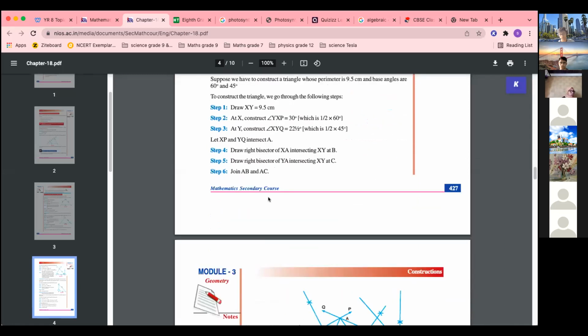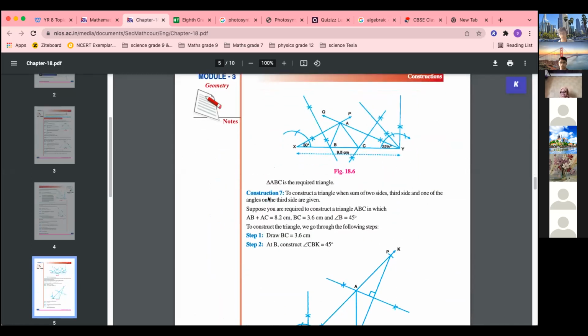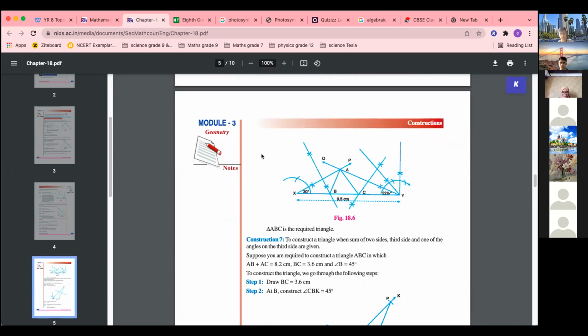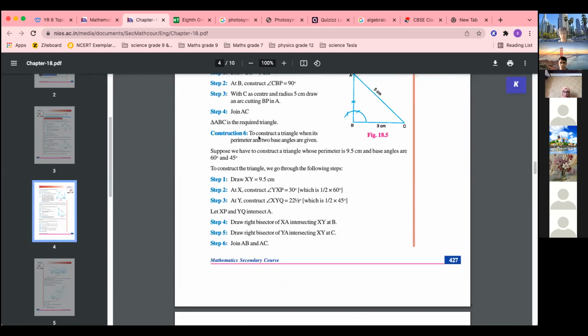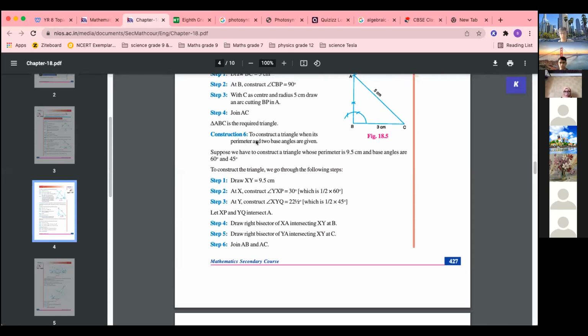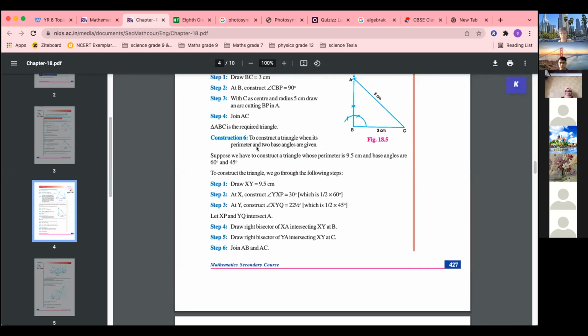Okay, now this is a little complicated. You have to draw and then only you will learn it. Now this is the third type: to construct a triangle when its perimeter and two base angles are given. Means when perimeter is given and two base angles are given, then how will you draw it?